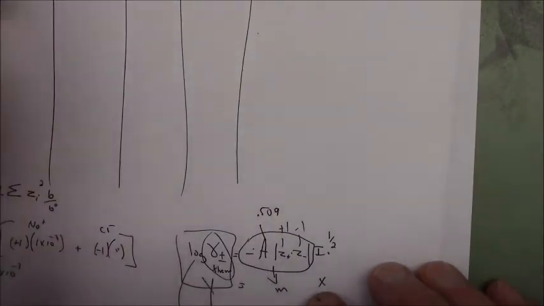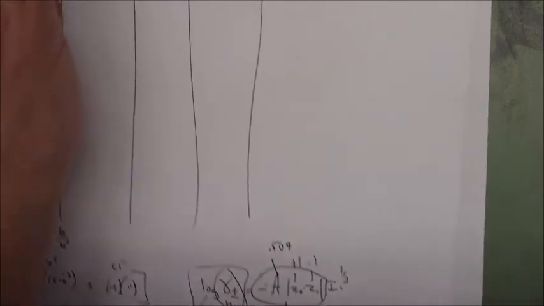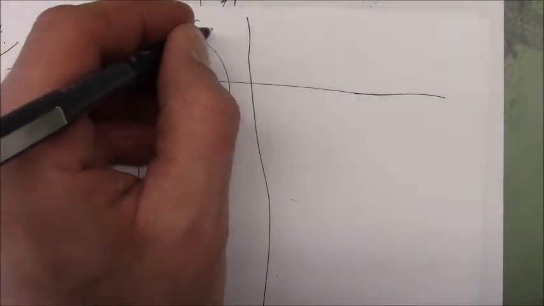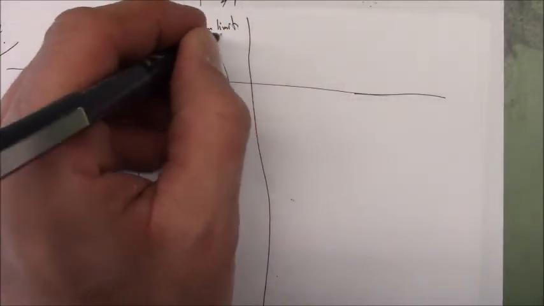So you could have Excel calculated, right? For each one of these concentrations and hence the ionic strength, you calculate what gamma is going to be from the limiting law.